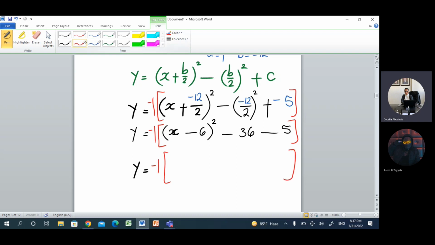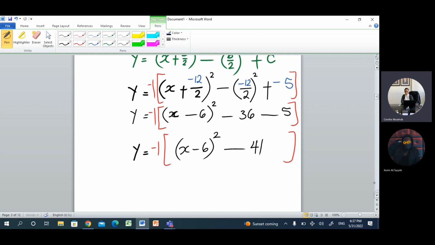Let's simplify this one further. So x minus 6 to the power of 2 will remain as is. Minus 36 and minus 5 will come down to minus 41.